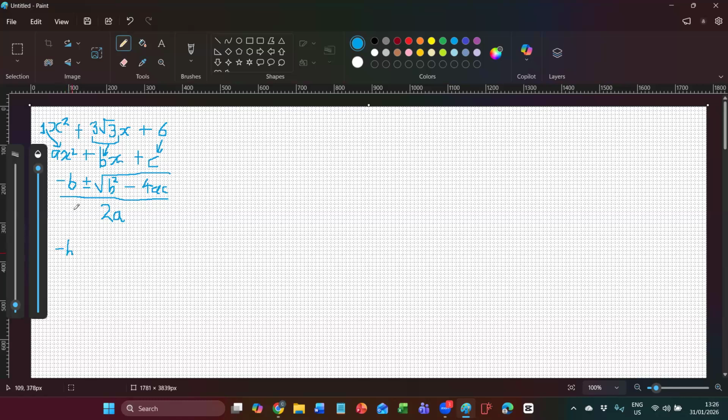So b is going to look something like this. Substitute them: minus 3 surd 3, plus or minus square root of, now, this is where we need to be careful because of the surd, 3 surd 3 squared minus 4ac, which is 4 times 1 times 6.